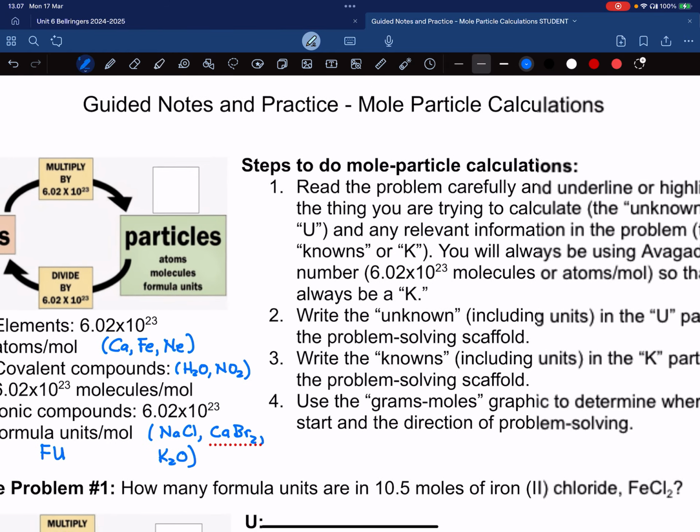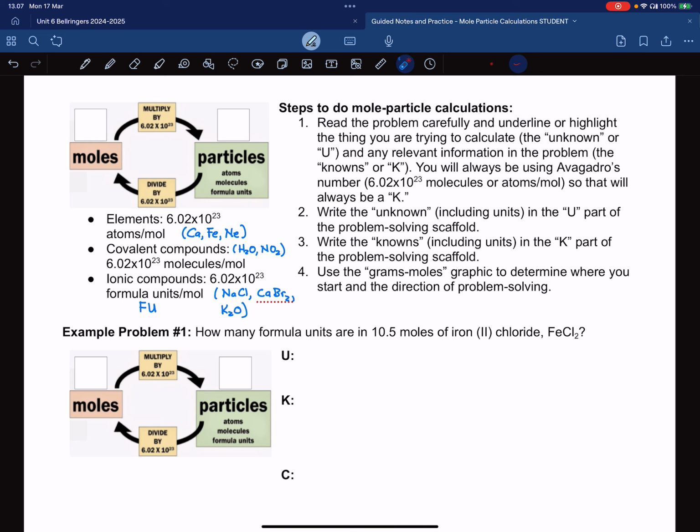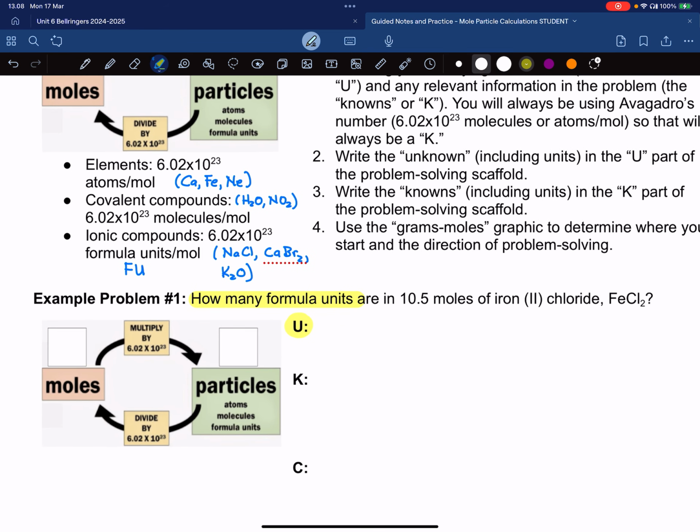All right, so here's what you do. You always start the way that you always start. You read the problem carefully and highlight the thing you are trying to calculate, that is the unknown. So for the problem below: how many formula units are there in 10.5 moles of iron(II) chloride, FeCl2?